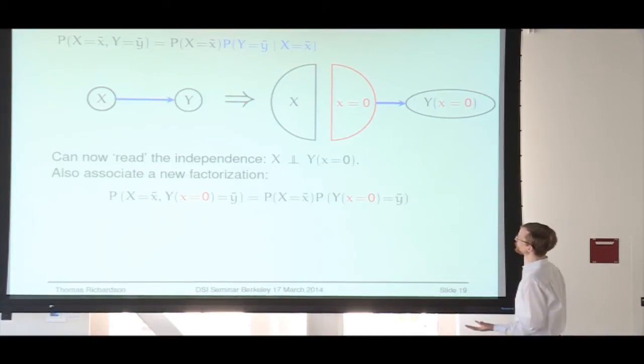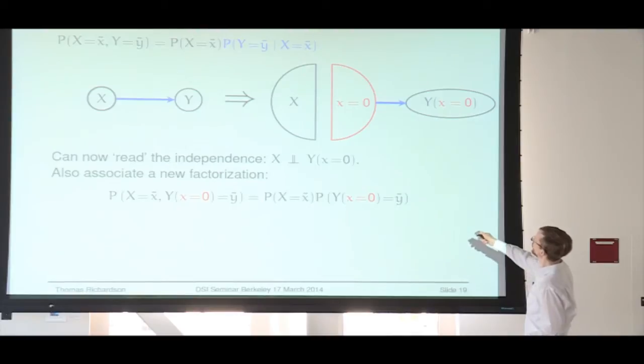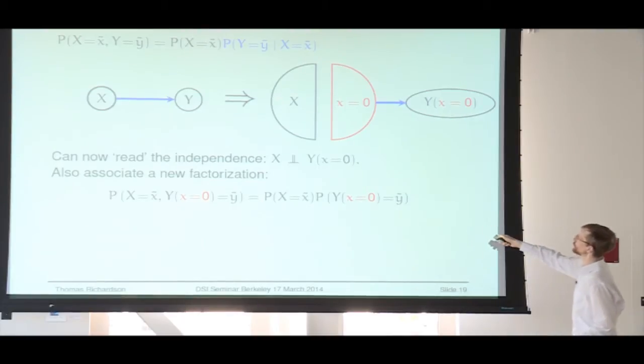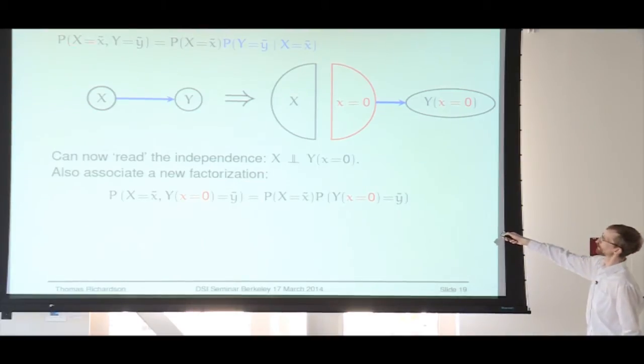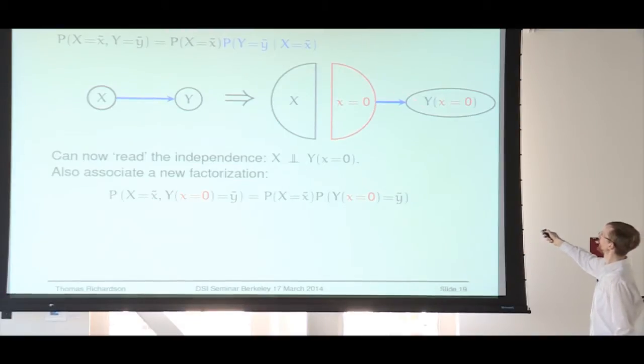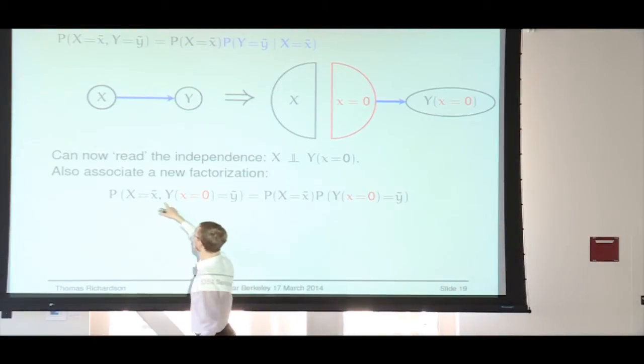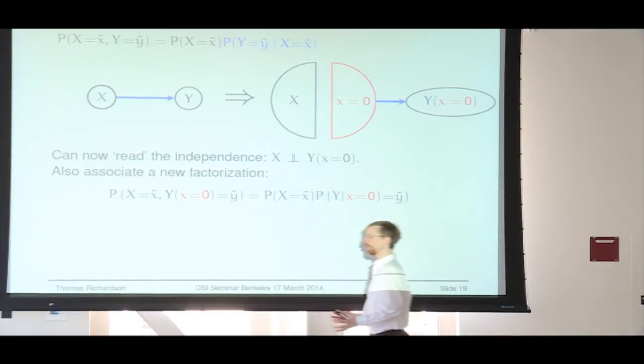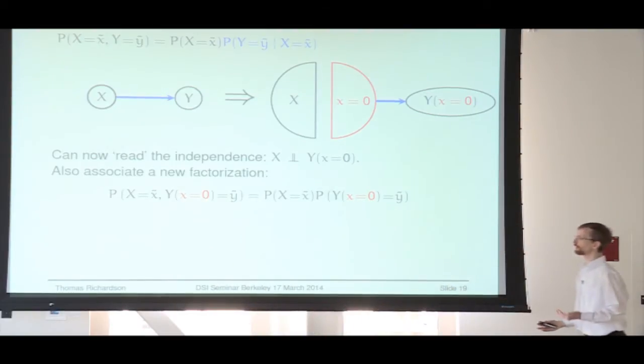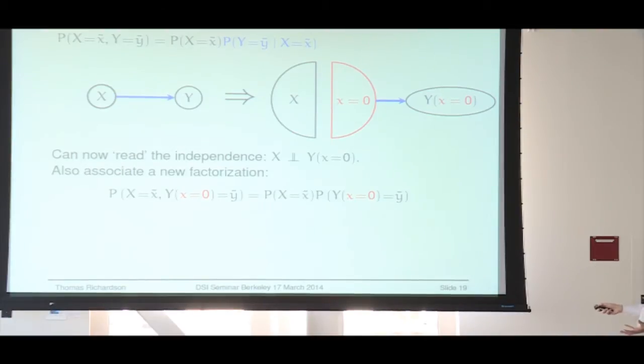I'm also going to associate a new factorization. Just as the original graph represents a joint distribution over x and y, this new graph is going to represent a joint distribution over x and y of x equals 0, the two random nodes that we've got. Just as before, I require that the joint distribution over the variables in the new graph factorize according to the graph.